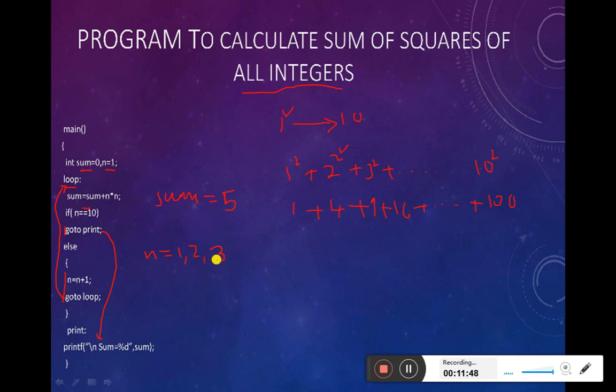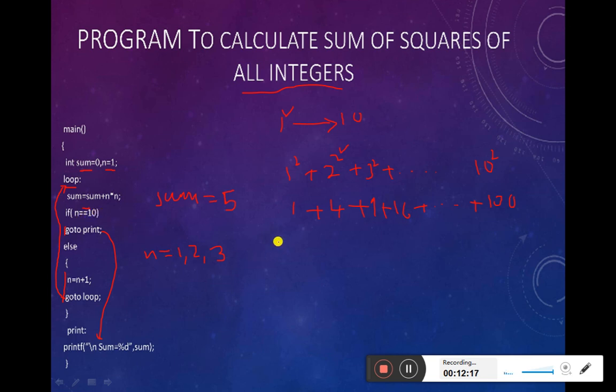So we are going to calculate the square of 3. So goto loop takes us back to this statement. It's like some sort of looping here. So going backward and executing the same set of statements repeatedly, and in every repetition or iteration we compute the square of n and add it to sum.